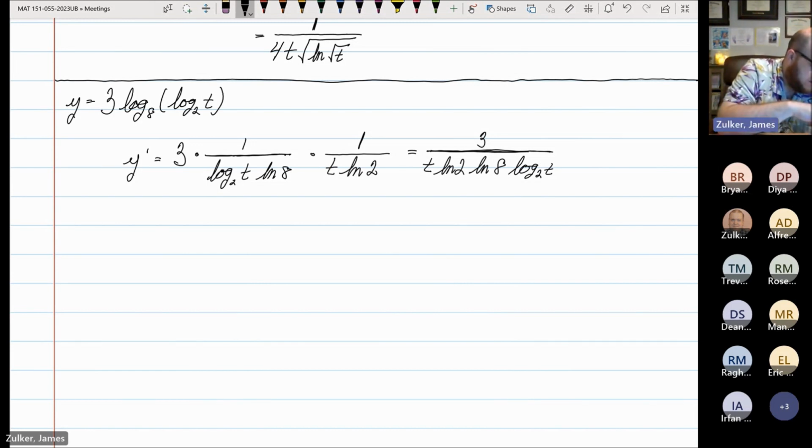Let's see if I can find some exponentials. I mean, not really.